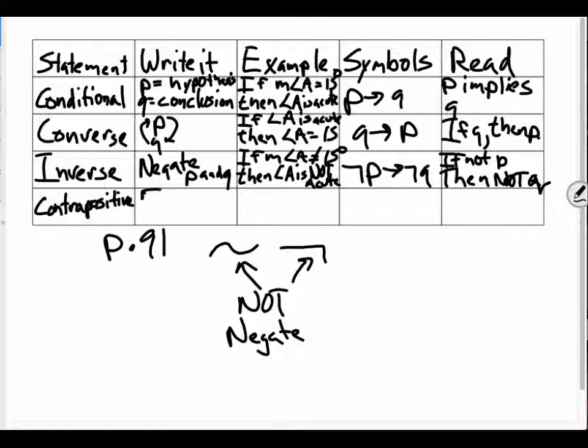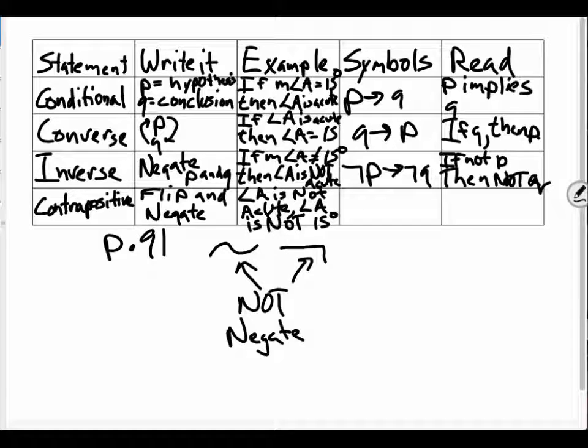So here we're going to flip and negate P and Q. So that would be if angle A is not a cube, then angle A is not 15 degrees.